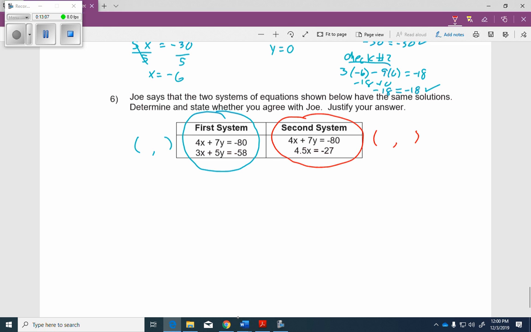You do whatever feels best for you, but you have to determine and state whether you agree with him or not, and it says justify your answer. Remember, justify means prove what you're saying. So you can do some math work, you can use some words, you can use a combination of math and words. You do what's best.